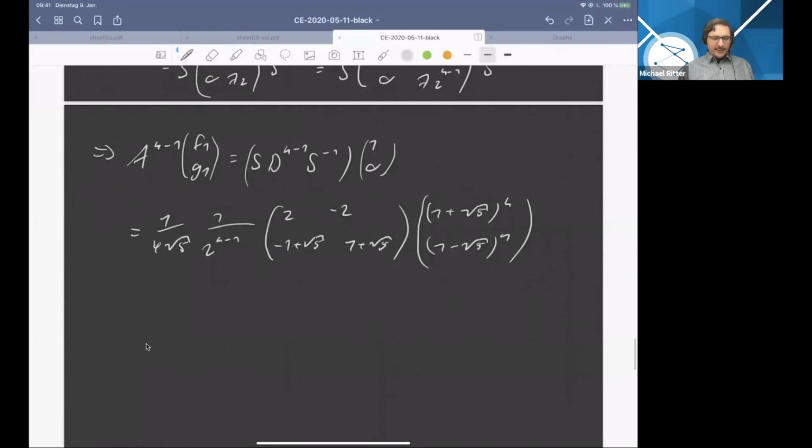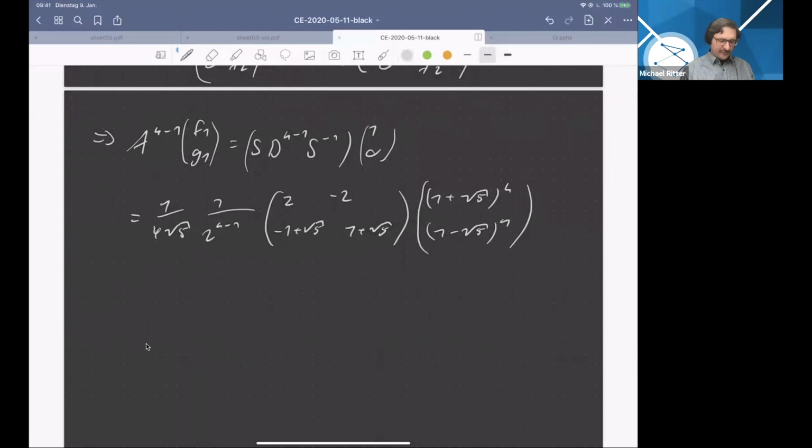Basically what we want, if you remember, is the first coordinate. So we know that fn gn was A to the n minus 1 times f1 g1. That means we can just use the first row of this expression to get our formula.